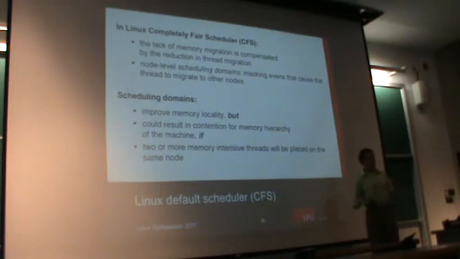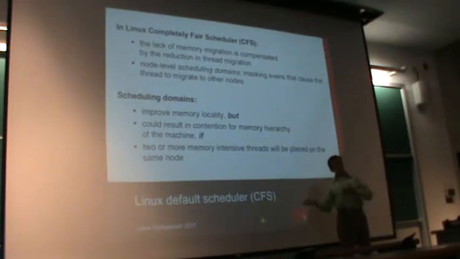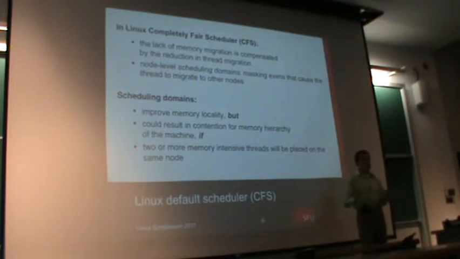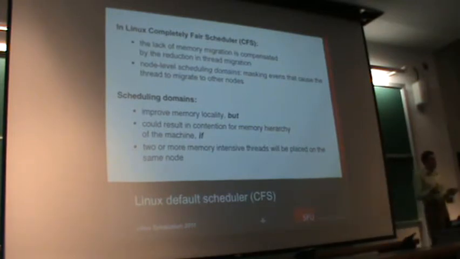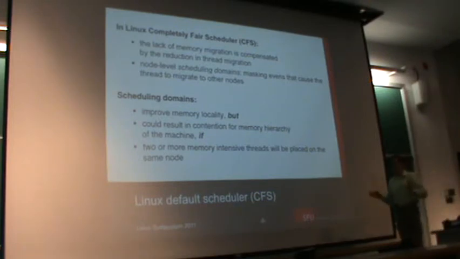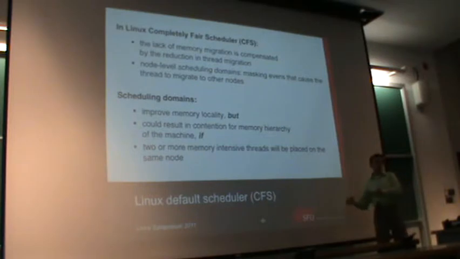You can turn on this option, and the scheduler will determine how many memory nodes there are in the system, and it will associate with every NUMA memory node a concept called a scheduling domain. So every scheduling domain will be associated with every NUMA memory node in the system. And when the scheduler tries to preserve the load balance, it will consider the cores within the node rather than the cores outside the node.